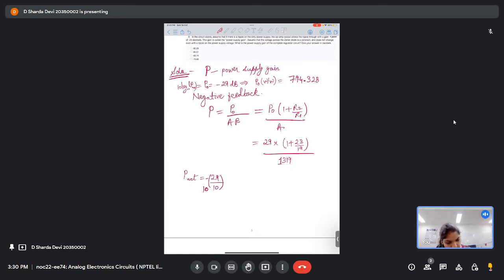Question में it is given minus 29 dB, so it becomes minus, so P naught watt by watt is 0.00126 watt by watt.